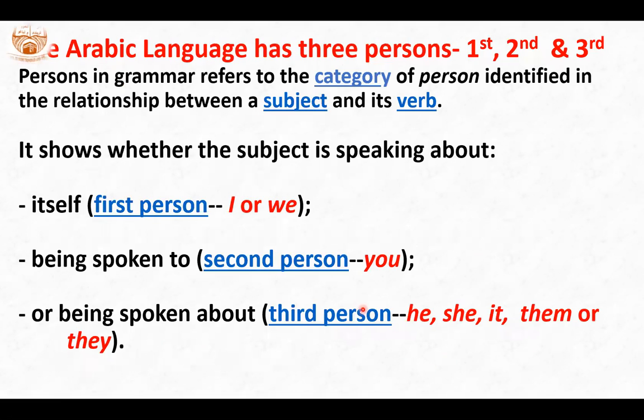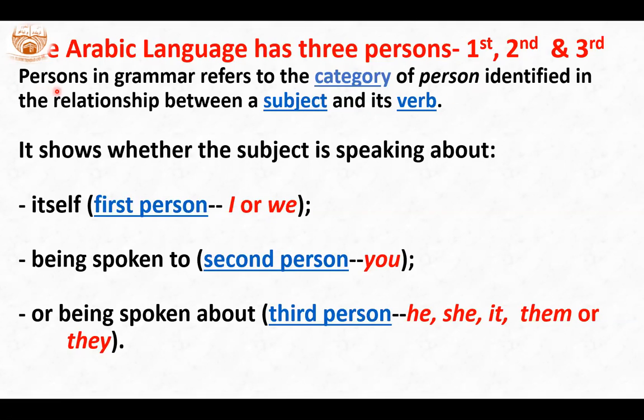Let's move on. This is where perhaps a lot of people would become a bit mixed up, when you're speaking about persons in the Arabic language. So let's go through this. The Arabic language has 3 persons. Now, when you're speaking about persons, it is really a quick reference for us to who we are referring to, especially when we are using pronouns.